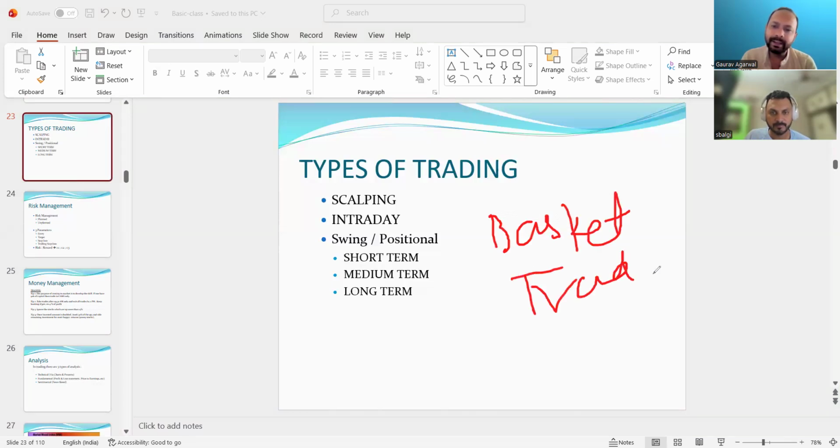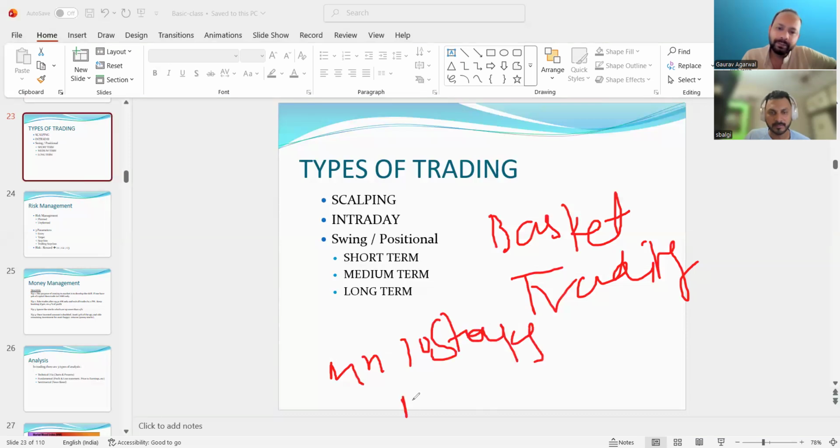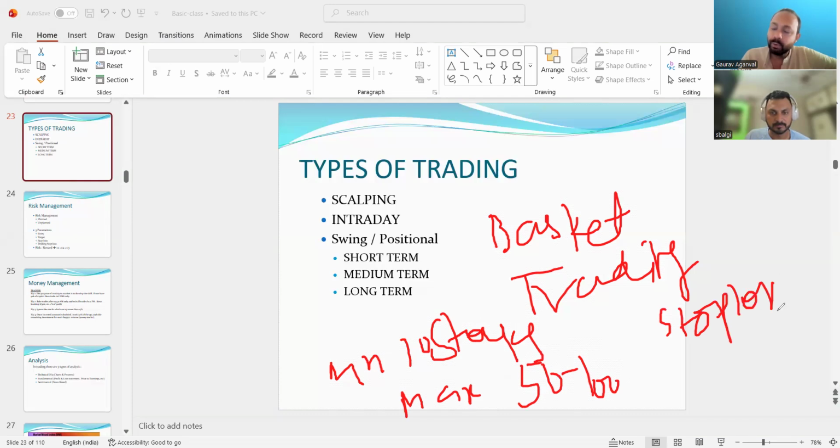Basket trading is a very safe strategy in which you select a basket of stocks. You can select multiple stocks, a minimum of 10, and a maximum of whatever you wish, 50, 100. What we do in basket trading is use a stop loss for the whole basket.